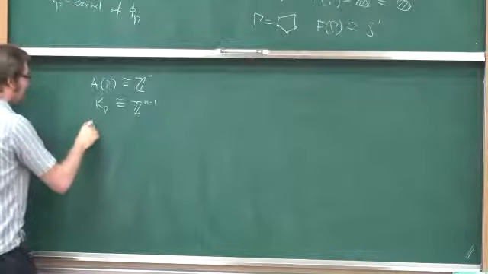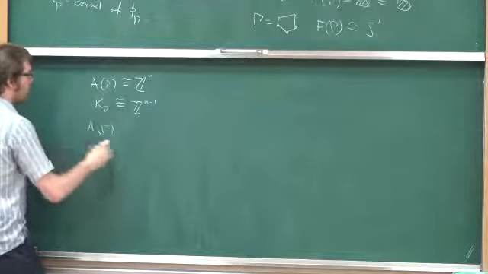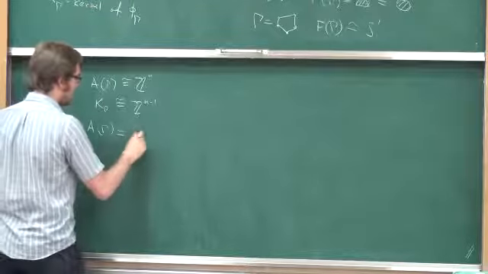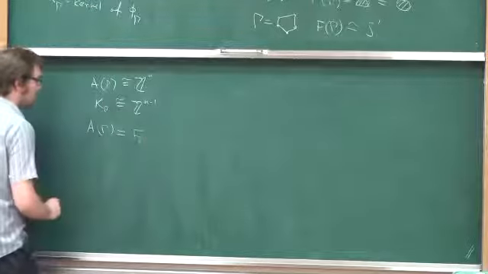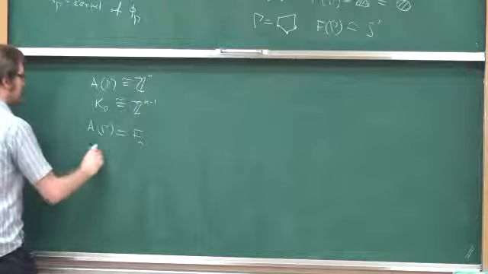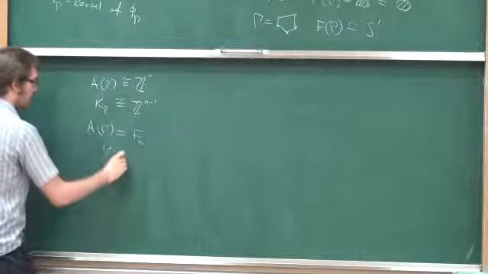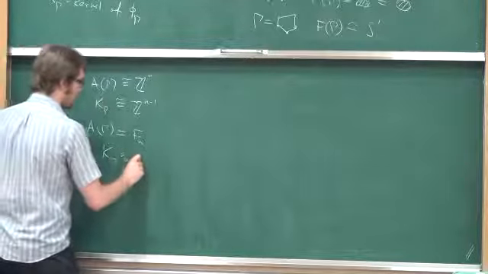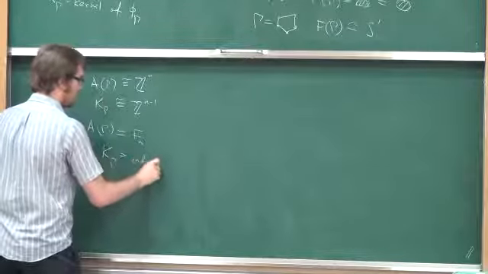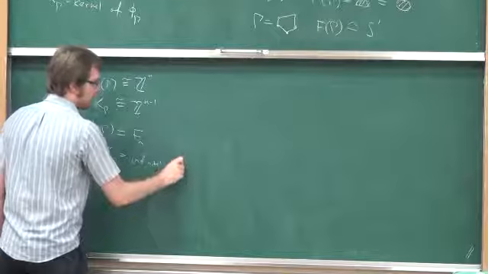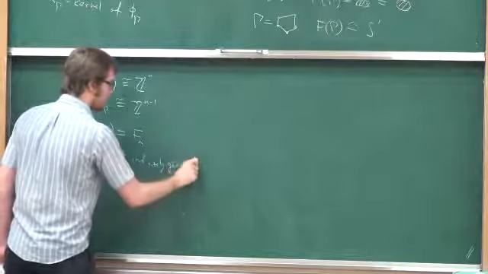And if A of gamma is some free group, which is not abelian, then K gamma is always going to be some infinitely generated free group.